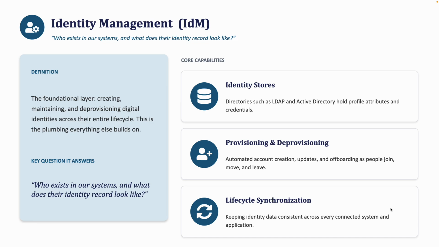It creates, updates, onboards, and offboards when an account is not needed, or the person leaves the organization, or the agent is deprovisioned and so forth. And there is lifecycle synchronization: it is the single source of truth for who is there in your system, and it has to be consistent across every connected system and application in your network.